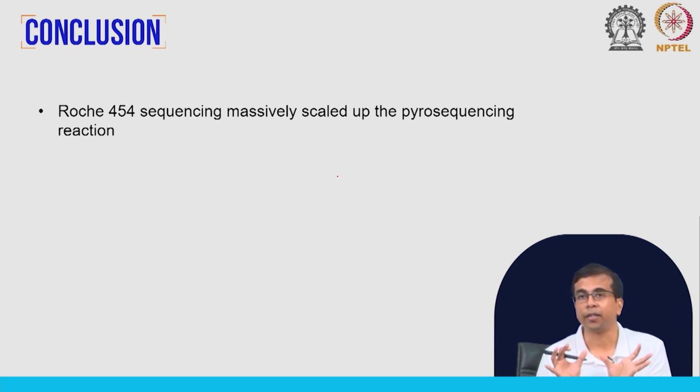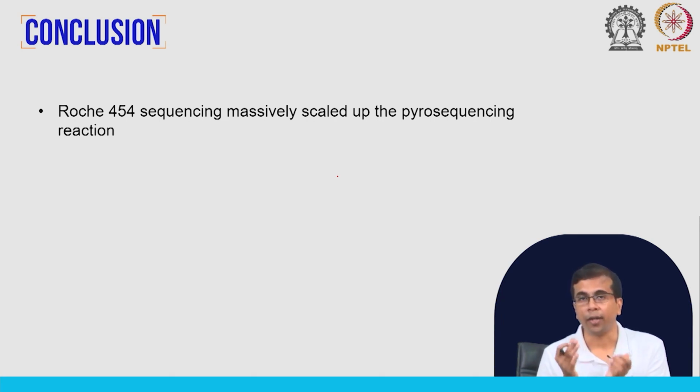What you have is something like micro reactors, and each micro reactor contains one bead and one DNA molecule coming from the genomic DNA. This genomic DNA is then amplified because there are complementary sequences to the adapters already present on these beads. This leads to massive amplification, which we call emulsion PCR, within these emulsions.